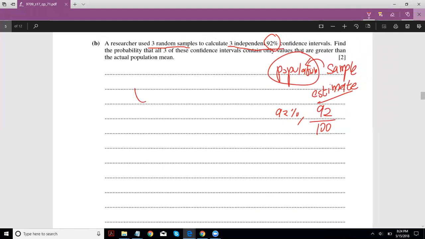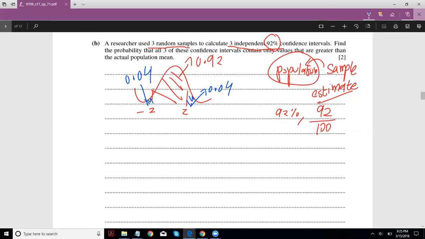Now, if you look at it here, I'll just show you through a normal distribution curve. If these are your two interval bounds, and this is 0.92, then it should go without saying that this area should be 0.04, and this particular area should be 0.04.